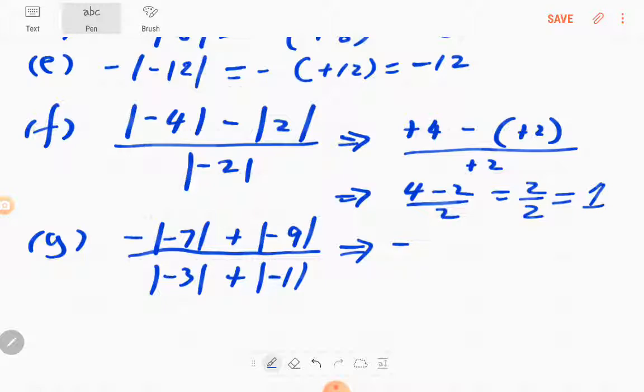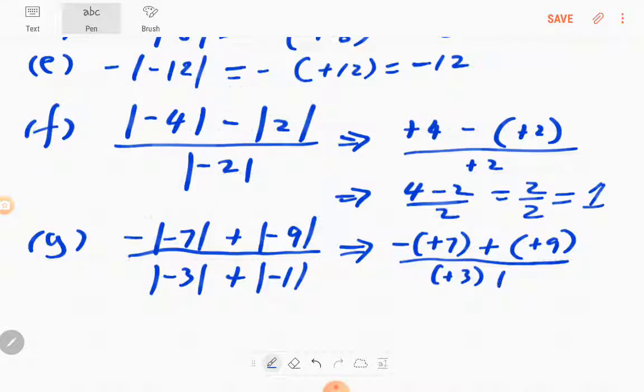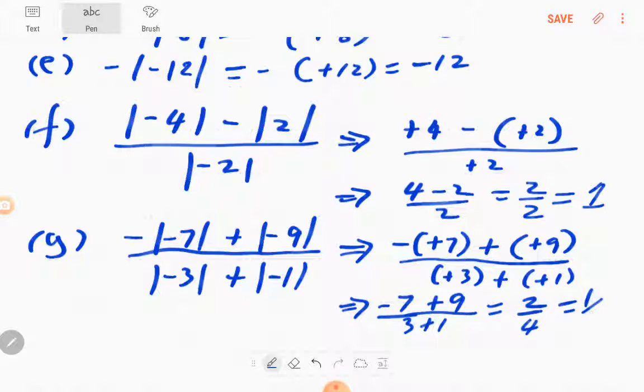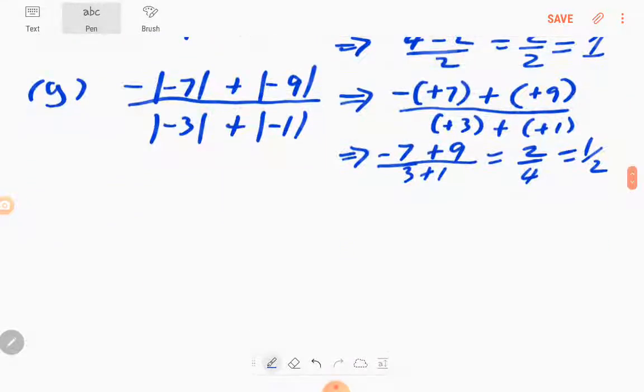And then the absolute value itself became plus 7 plus absolute value of negative 9 is plus 9. All of this over plus 3 plus 1. So that gives me minus 7 plus 9 over 3 plus 1. So this gives me 2 over 4. So this is equal to a half. Okay? All right, so that's basically it.